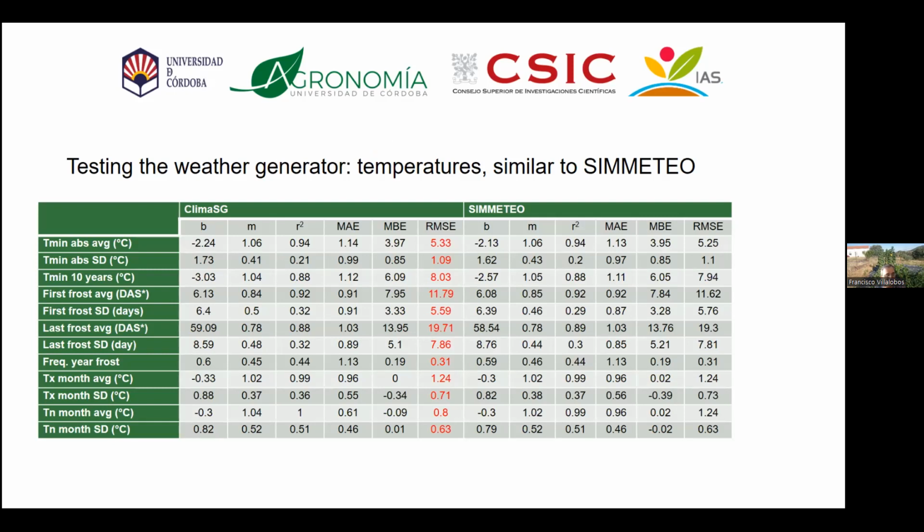In other words, we can have problems with minimum temperatures because the evaluation of the standard deviation of temperatures might be off in many locations, but the quality parameters are quite the same as in SIMMETEO. But we did not change basically the generation of temperature, so this had to be expected.